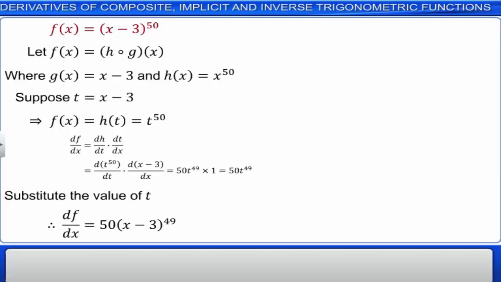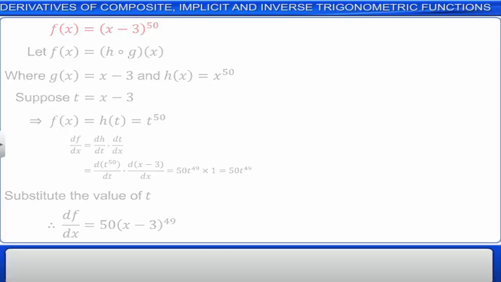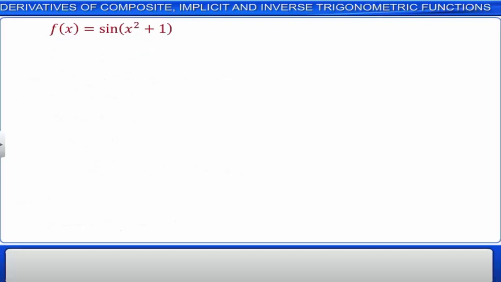Let's now find the derivative of another function, f(x) = sin(x^2 + 1), by using the chain rule. Clearly, f(x) is a composite function involving a trigonometric function and an algebraic function. Let's define the function as h∘g(x), where g(x) = x^2 + 1 and h(x) = sin x. Suppose t = x^2 + 1.